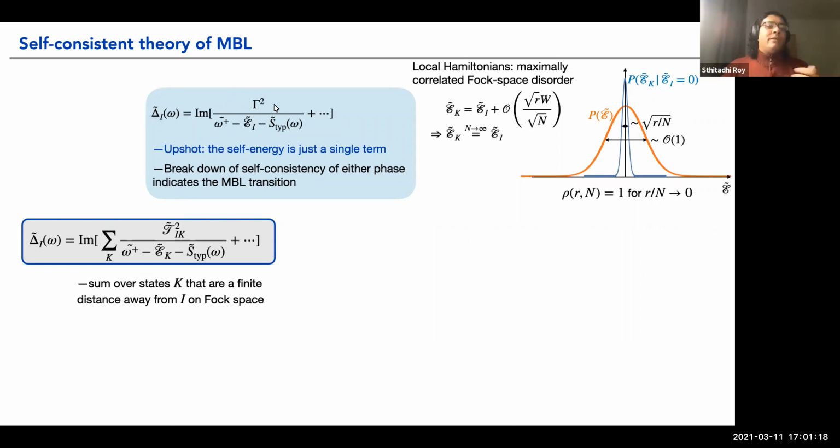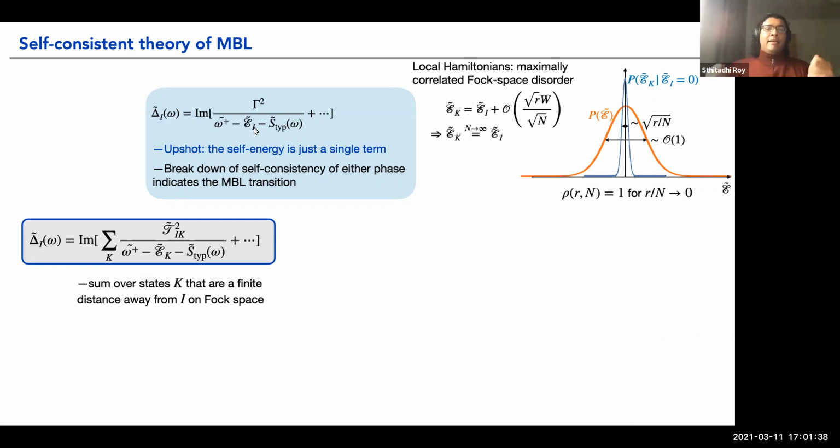And this is quite a simple expression to manipulate, because now in order to get a distribution of this delta, I only need to transform over this single body or one body distribution of the EIs. So I can do that, and I can impose self-consistency in either phase separately. I'm not showing the algebra, but all of this can be done analytically.